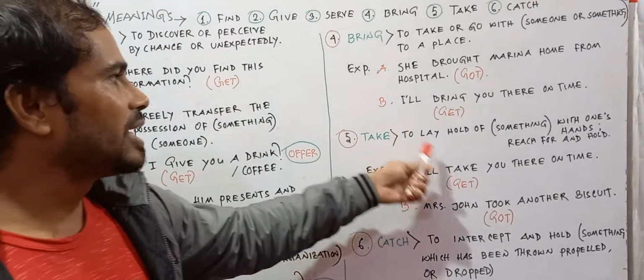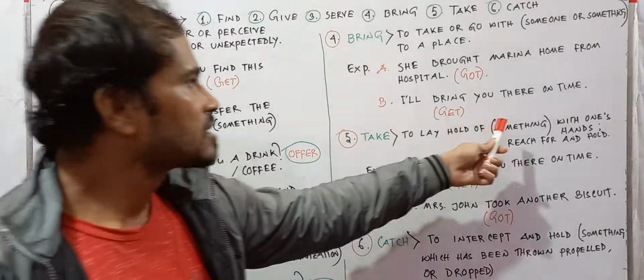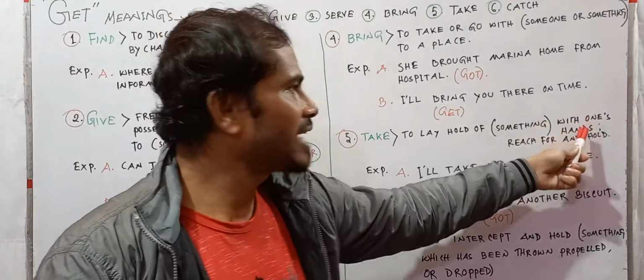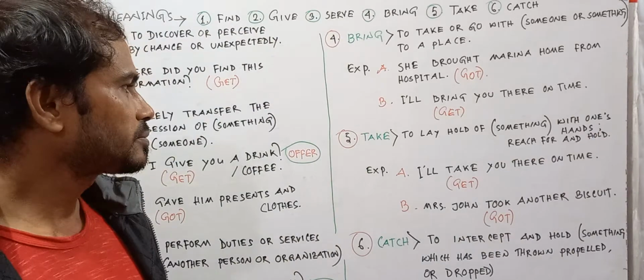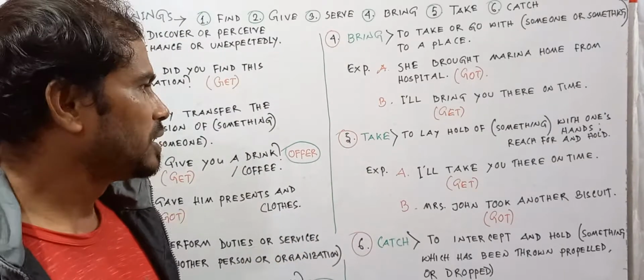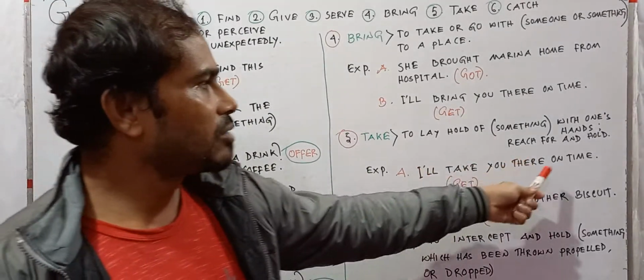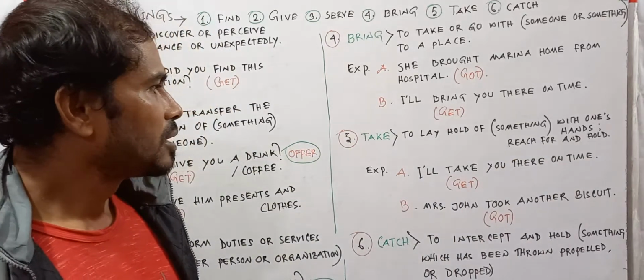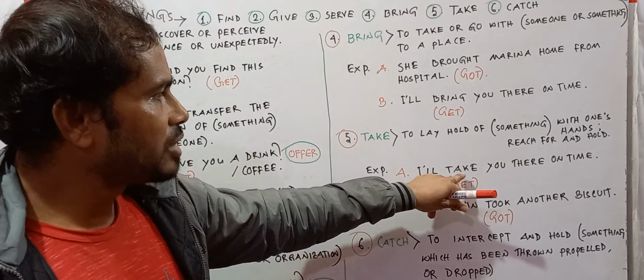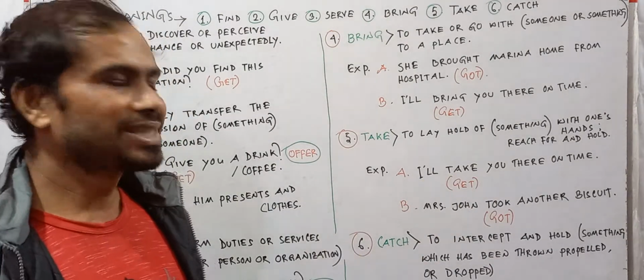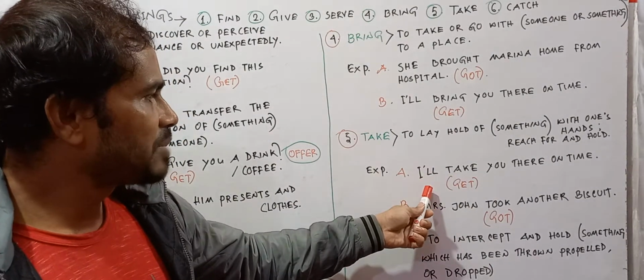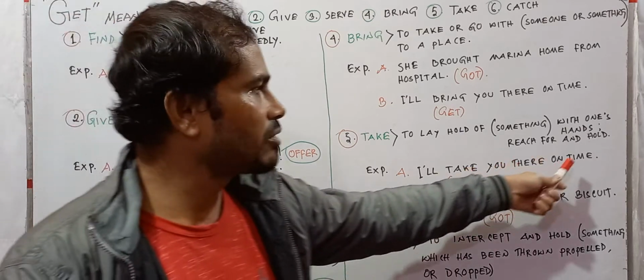It means to lay hold of something with one's hands, reach for or hold. Okay, so the first example is I'll take you there on time. Instead of using take in this statement, we can use get. So this statement is I'll get you there on time.